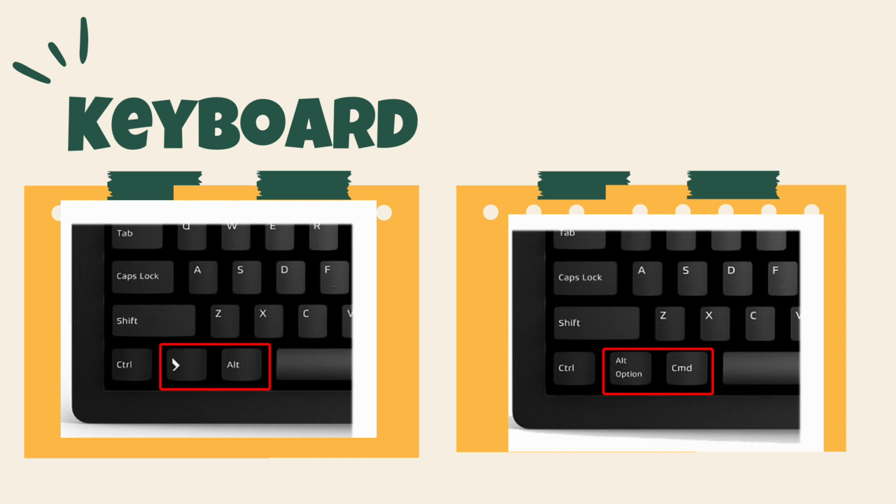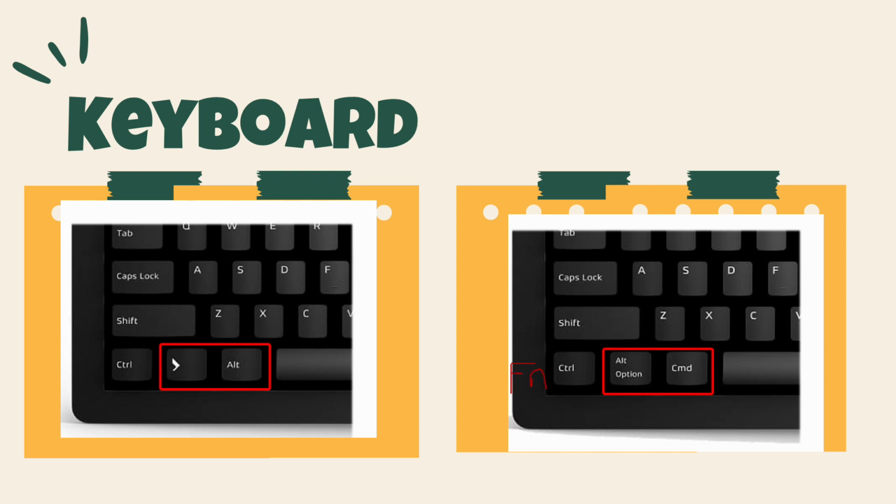So, we have two types of keyboard depende sa type of operating system. This is the look for Windows. Okay? Control, then Windows key, then Alt. Then, this one naman is for Apple or Mac OS. May nakalagay pa nga dito is the FN. So, mga bago.